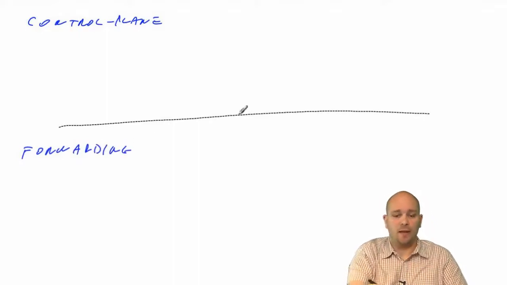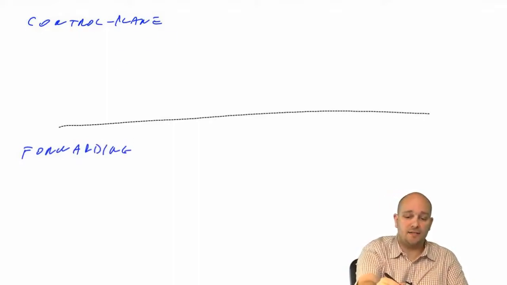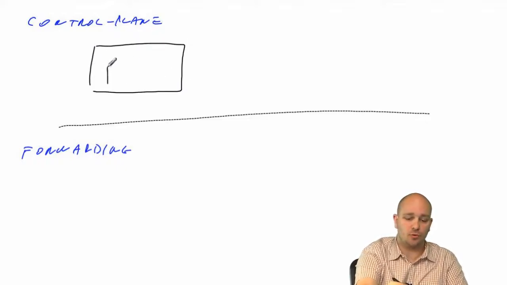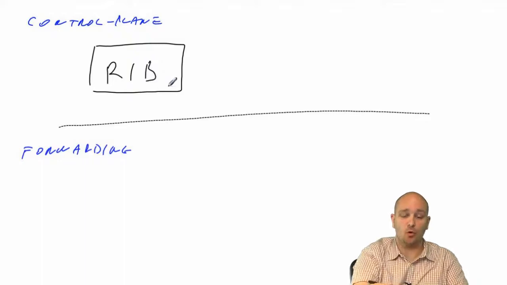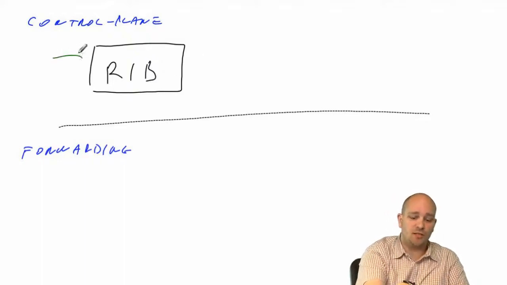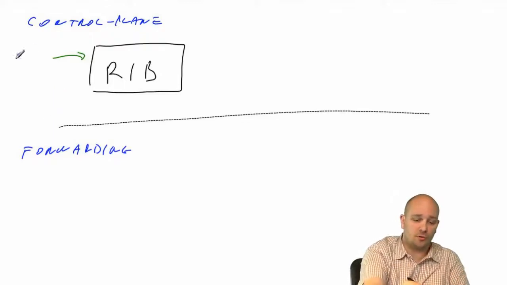In the control plane, we have the database that we call the routing table, or the route information base, or RIB. And this database is built using all sorts of different routing protocols.